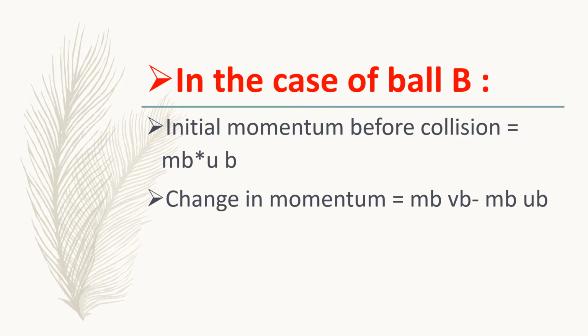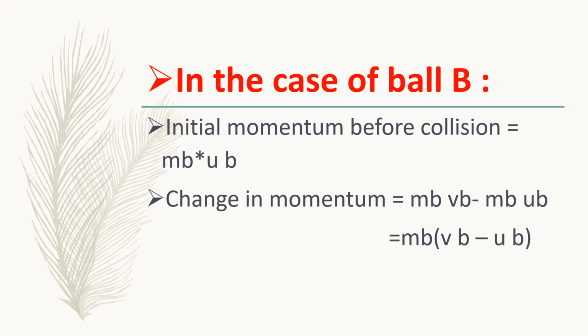So the final momentum becomes mb into vb. Now we calculate the change in the momentum, which is mb vb minus mb into ub. If we take mb common, inside the bracket it will be vb minus ub. So we got the change in momentum as mb into vb minus ub.